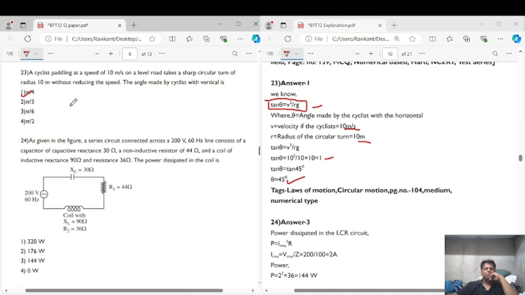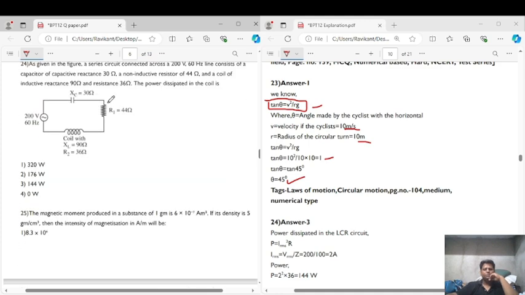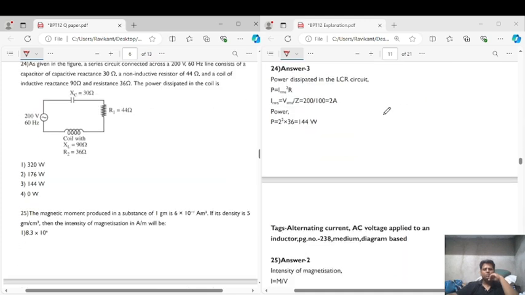Now let's come to question number 24. Question number 24 says that, as given in the figure, a series circuit is connected across a 200 volt, 60 hertz line, consisting of a capacitor of capacitive reactance 30 ohms, a non-inductive resistor of 44 ohms, and a coil of inductive reactance 90 ohms and resistance 36 ohms.